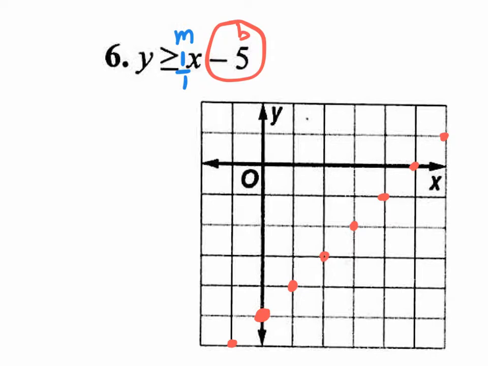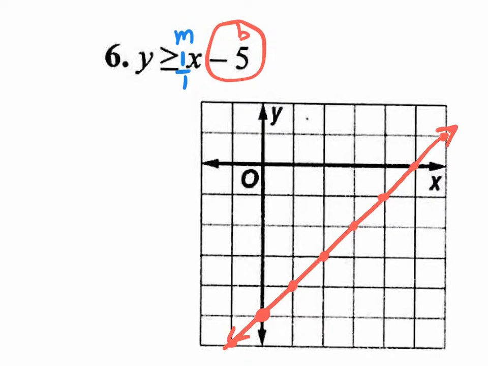Now, is this going to be a solid line or a dotted line? Solid. Why solid? Because of the solid line that's underneath the inequality. So let's go ahead and draw that solid line right through the dots.